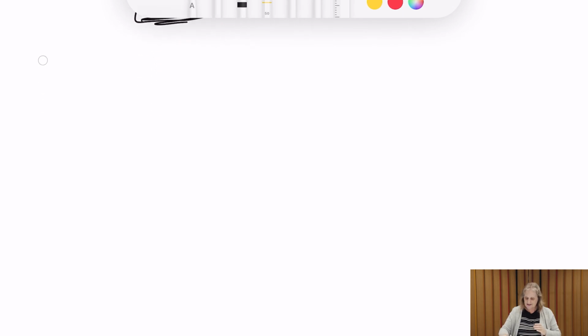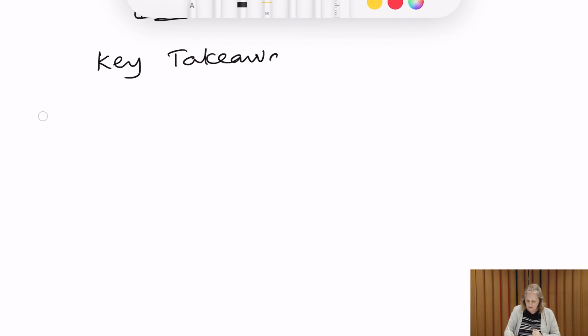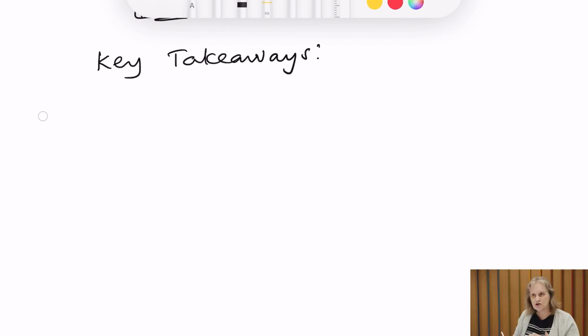So just to summarize what we've done, we've got some key takeaways here that will help us to follow the rules. So the first thing is, don't use a calculator when you're evaluating mathematical expressions. Most of the time the questions are asking you to do it manually, so therefore you know that you're going to use the techniques that we've learnt about using BEDMAS.